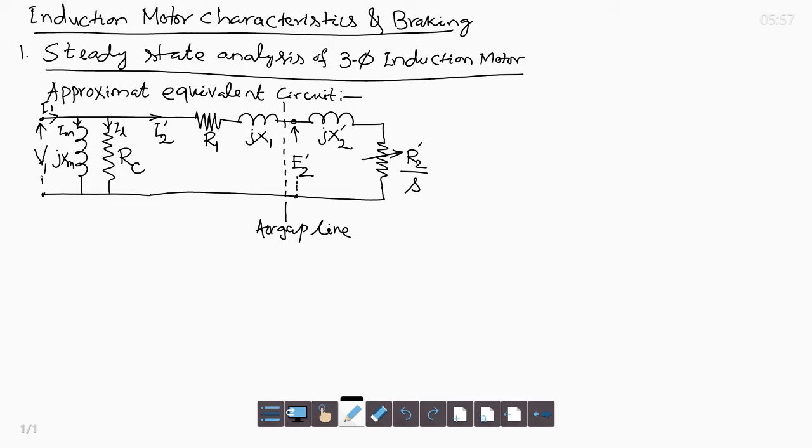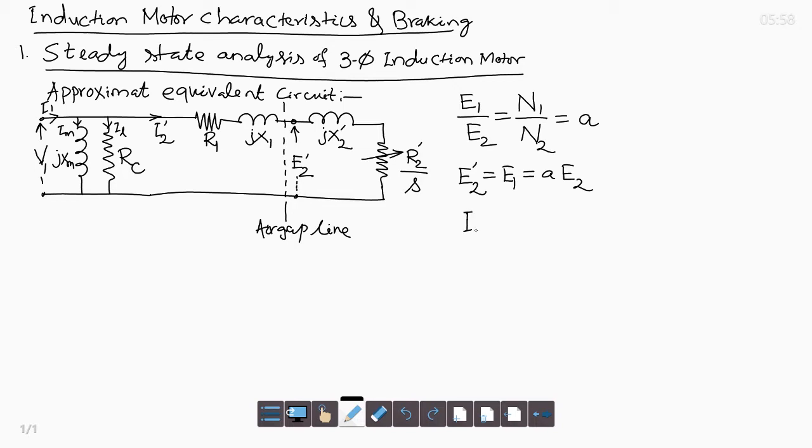In this equivalent circuit, we use the relationship: E1 by E2, the stator to rotor EMF ratio, is the stator to rotor turns ratio N1 by N2, where N1 and N2 are the turns for the stator and rotor, and let us write this turns ratio as A. Then E2 dash is the rotor EMF referred to the stator, which is also equal to E1. So, that is A times the actual rotor EMF E2.